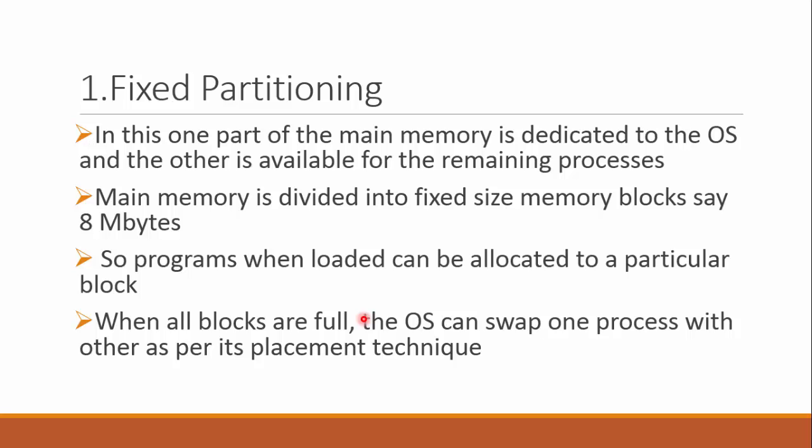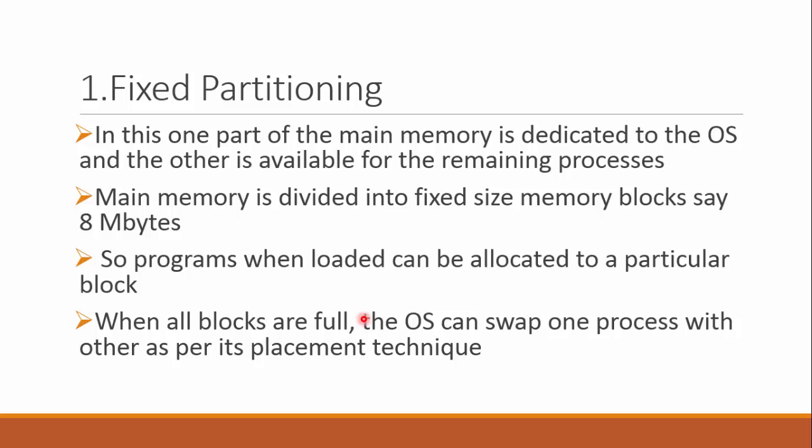The first thing we can think about for how the memory should be organized is fixed partitioning. That is, the memory is divided into fixed partition blocks, let's say blocks of 8 megabytes.